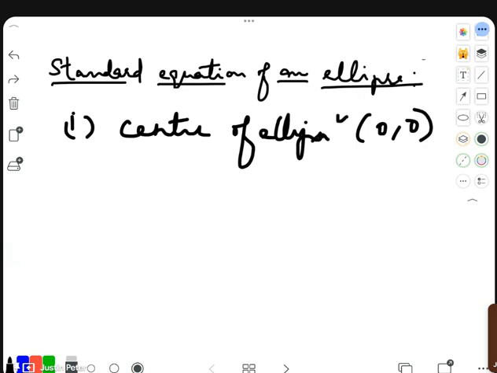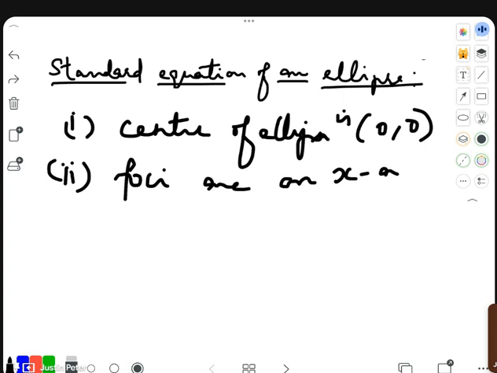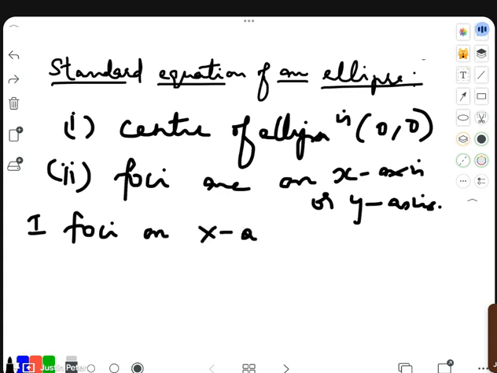Second, the foci are going to be on the x-axis or y-axis, just like what we were seeing all this while. Now we're going to see the first one, foci on the x-axis.